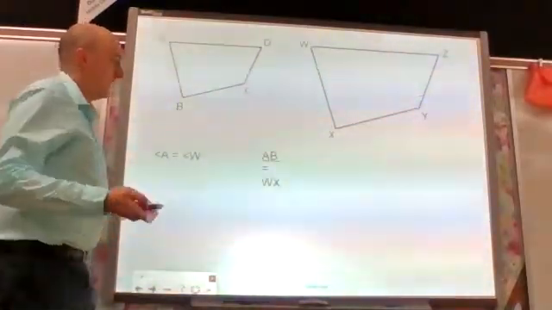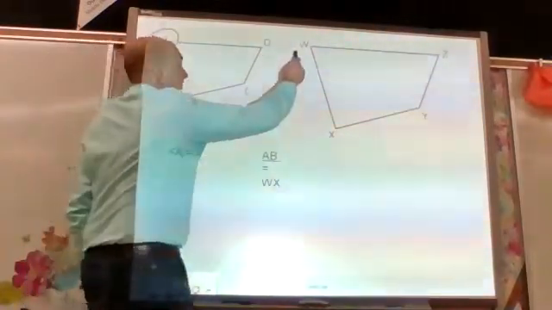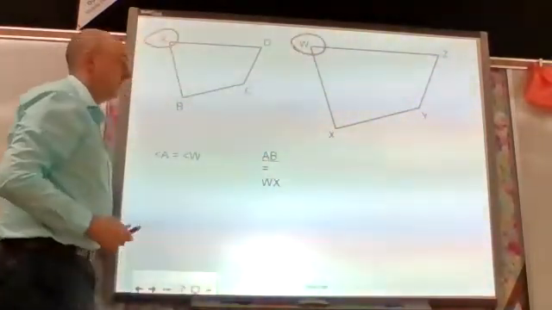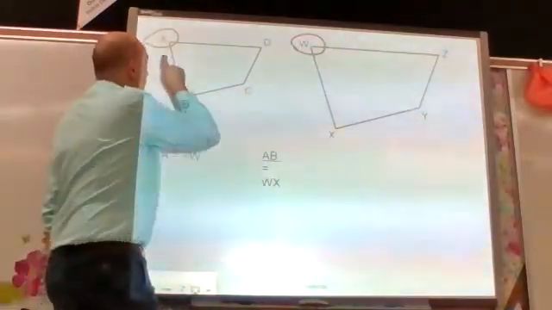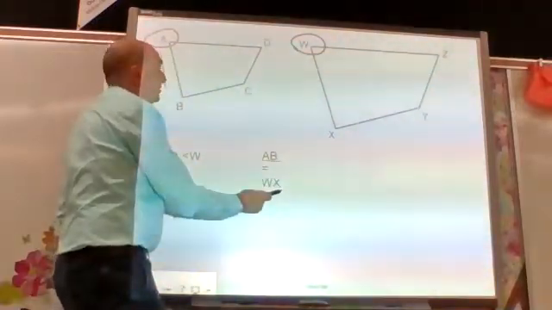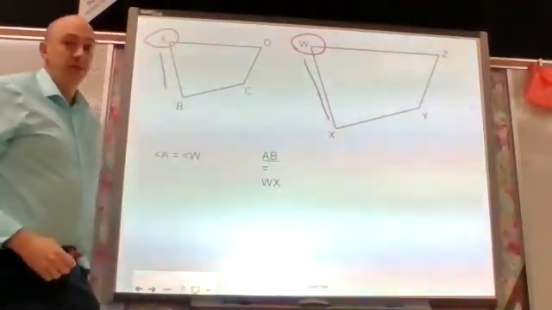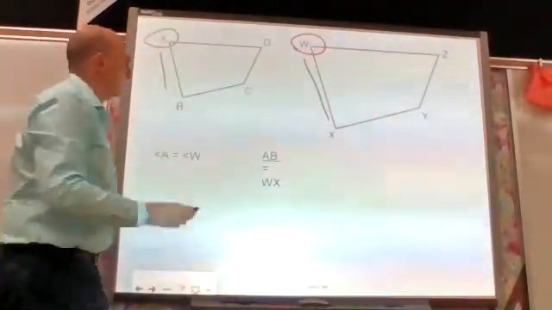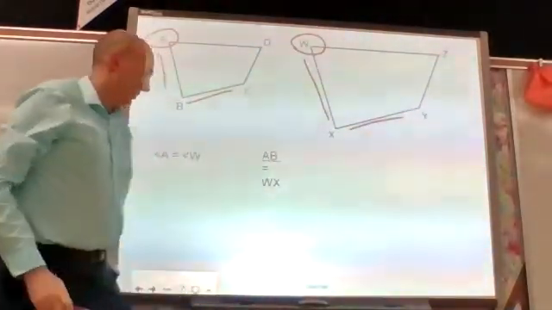So, as I was saying, that means that angle A has to be equal to angle W, and line AB is going to be proportional to line WX. And BC will be proportional to XY with the same proportion, etc.